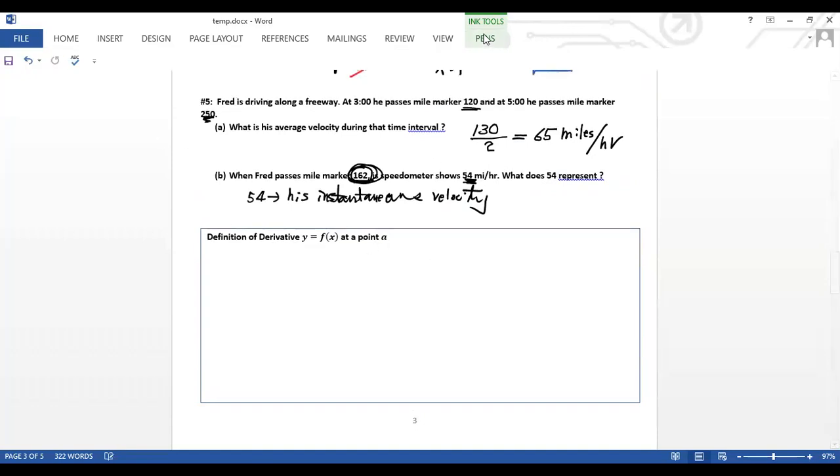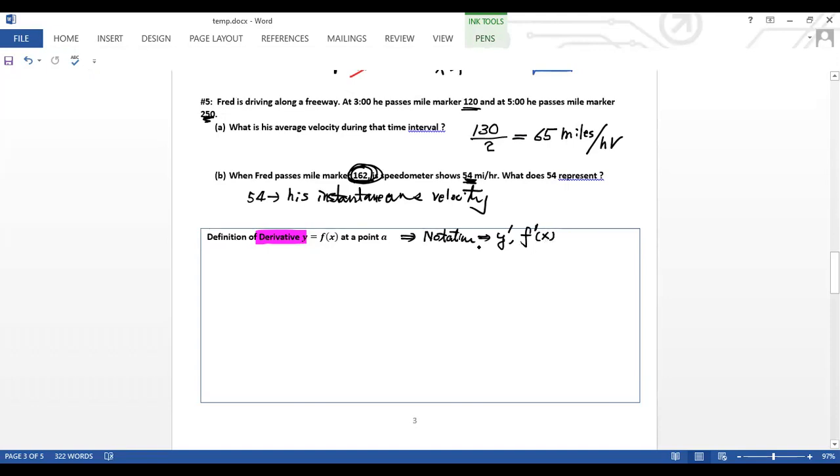So first, the derivative. These are the notations we use: you can say y prime, or you can say f prime.